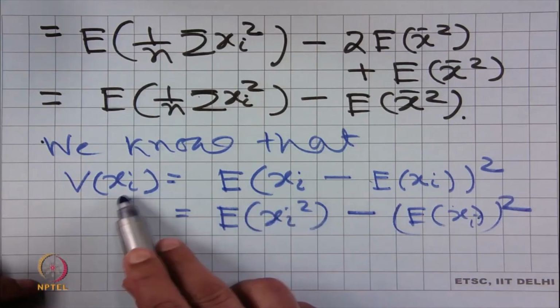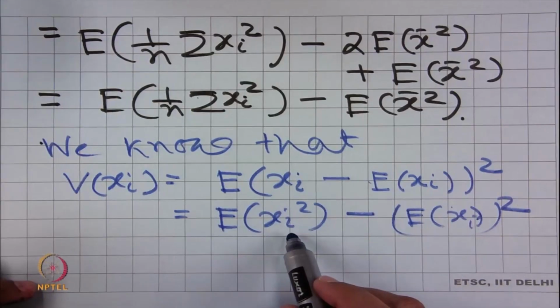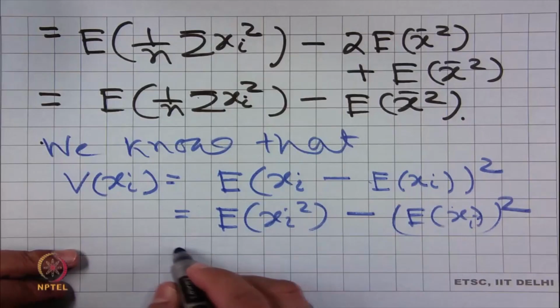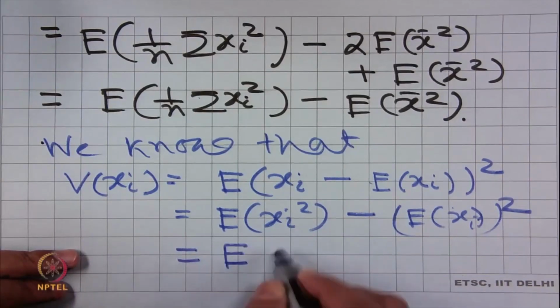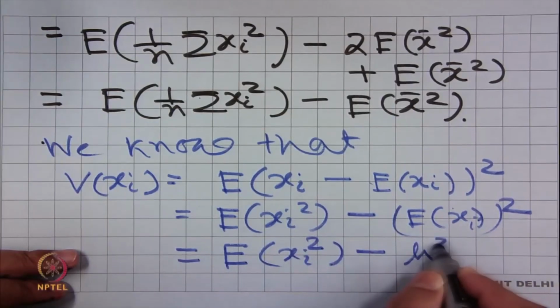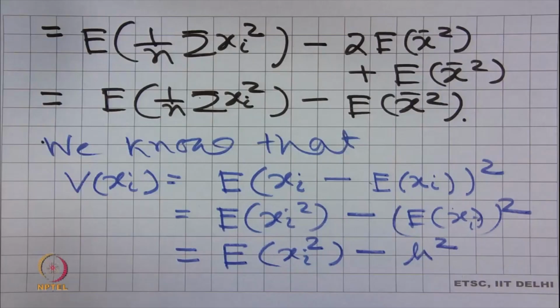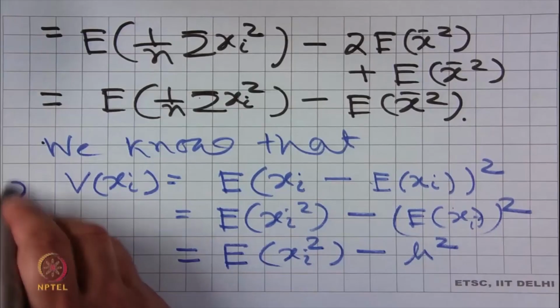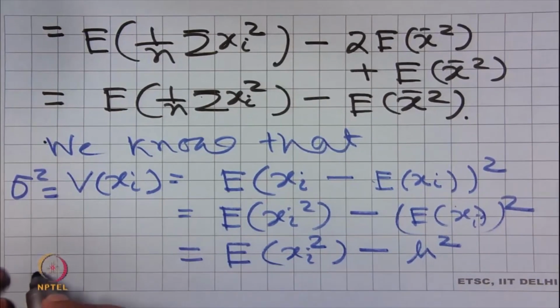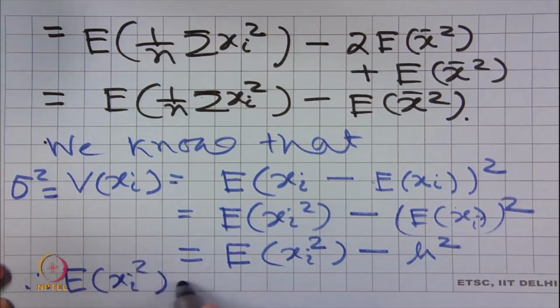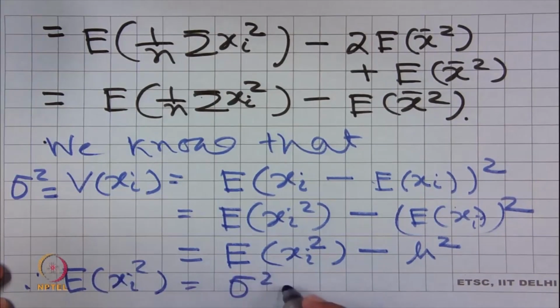So, variance of each x I is equal to expected value of x I square minus expected value of x I whole square, is equal to expected value of x I square minus mu square, and variance of x I is equal to sigma square. Therefore, expected value of x I square is equal to sigma square plus mu square.